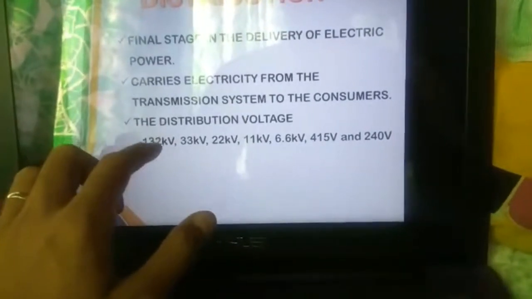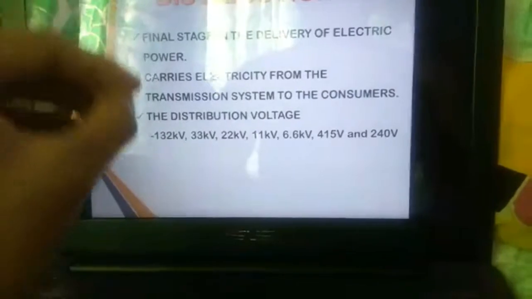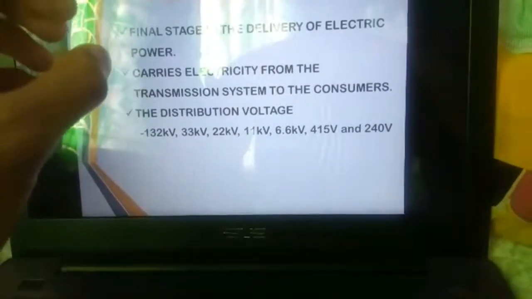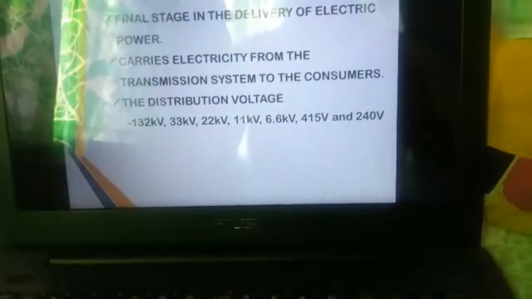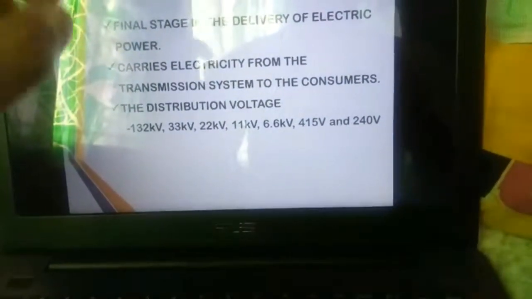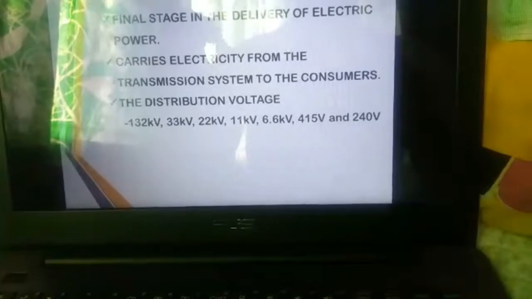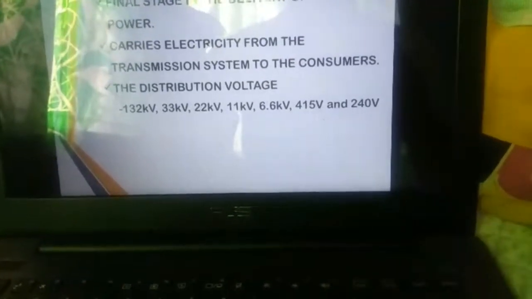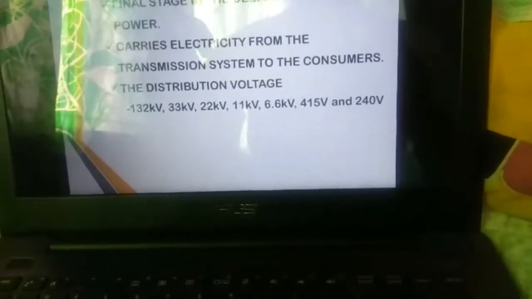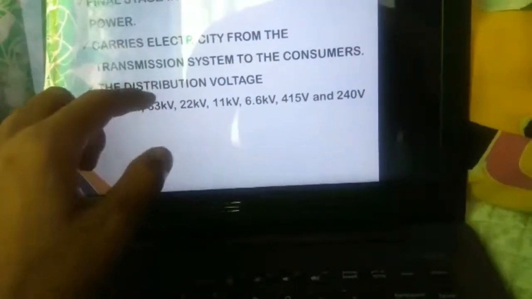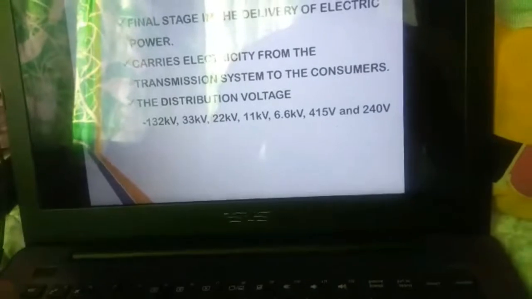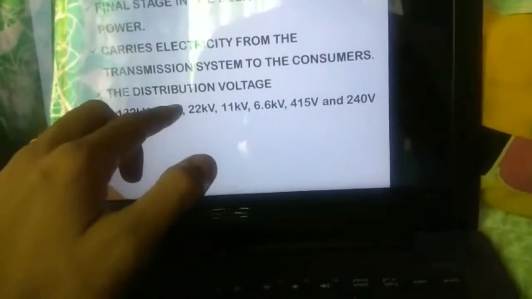132 kV is from the generator to the PMU, or what we call Pencawang Masuk Utama, and the incoming from the PMU to the PPU is 33 kV.